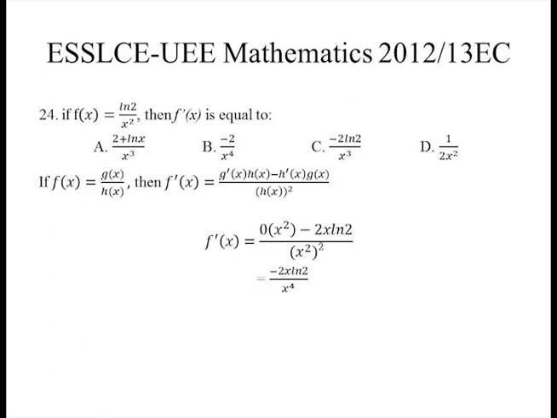Cross out one x from the denominator, then we are left with negative 2 ln 2 divided by x cubed. So the correct answer is choice C.